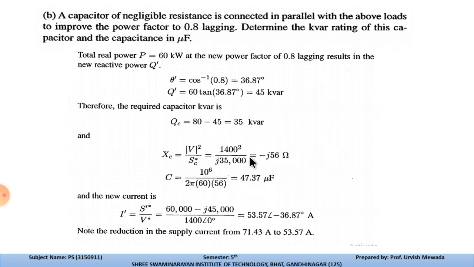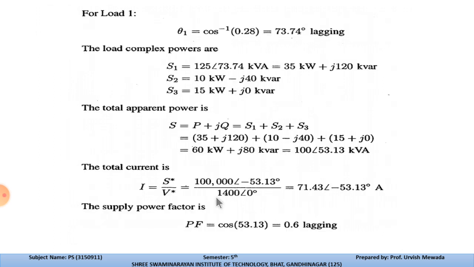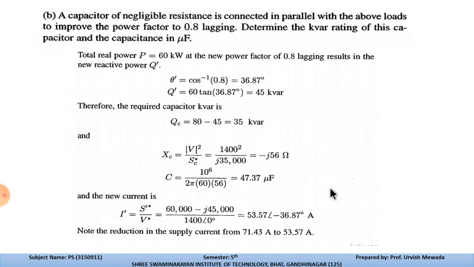Now from this we can calculate the new current. I dash is equal to S dash conjugate divided by V conjugate. Just replace the values and you will get the value of current: 53.57. In the previous case you can see that the requirement of the current was 71.43, and this is the requirement of current after putting the capacitive branch to compensate the VAR, to improve the power factor from 0.6 lagging to 0.8 lagging.